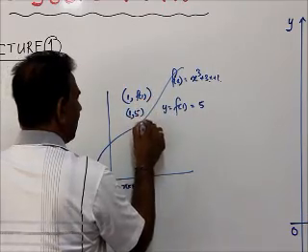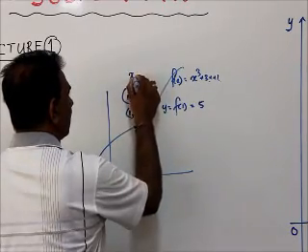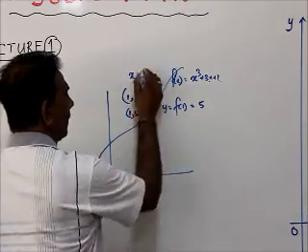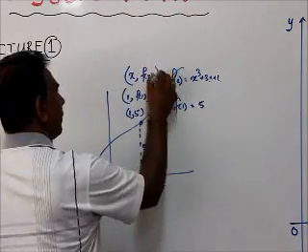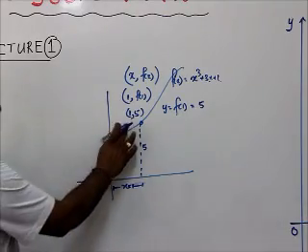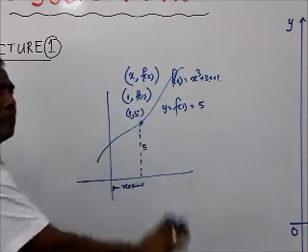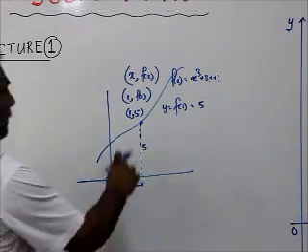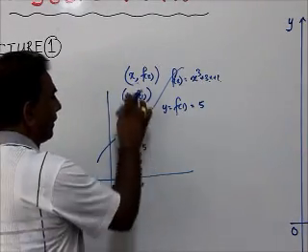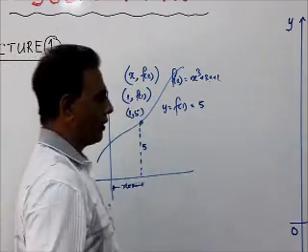So if we consider this is x, then the x coordinate is x and the y coordinate is f(x). So 1 comma 5, we can write as 1 comma f(1). At the same time, if the x coordinate is x, then the point is x comma f(x).